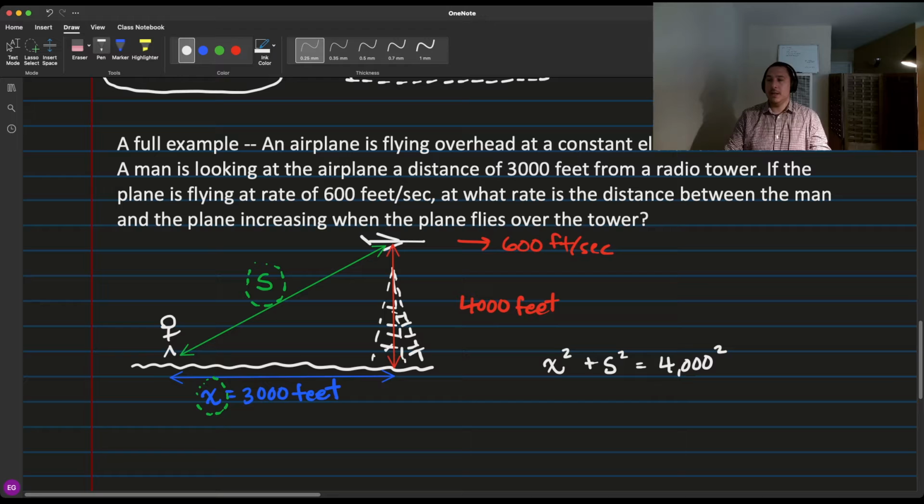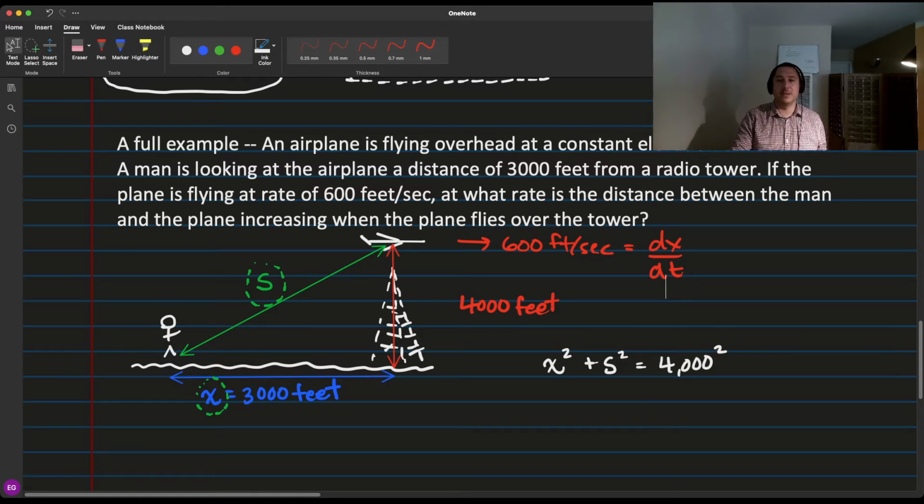Okay, and the plane moves at a rate of 600 feet per second, and we track the plane moving horizontally with the variable x, so we know that dx/dt is 600 feet per second when x equals 3,000. Oh, yeah, my bad.